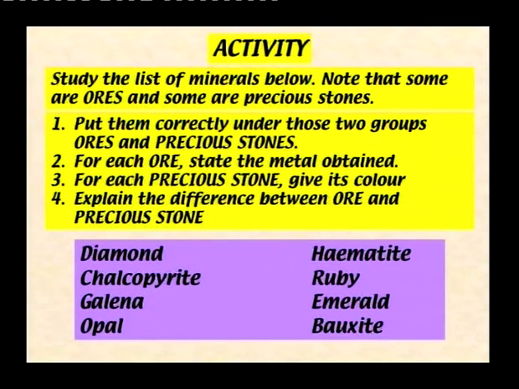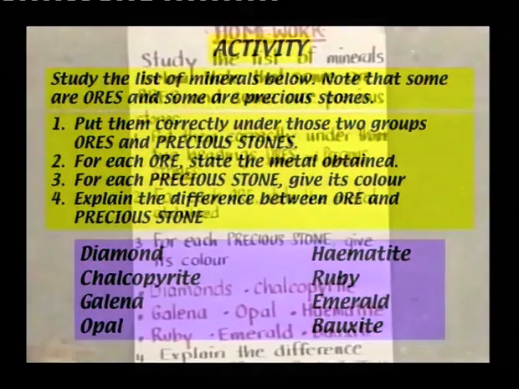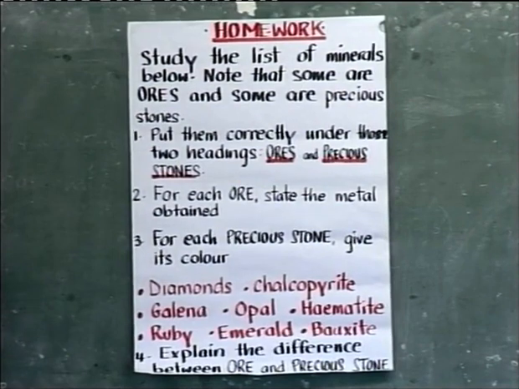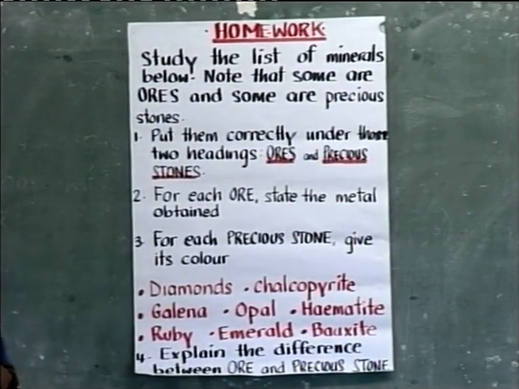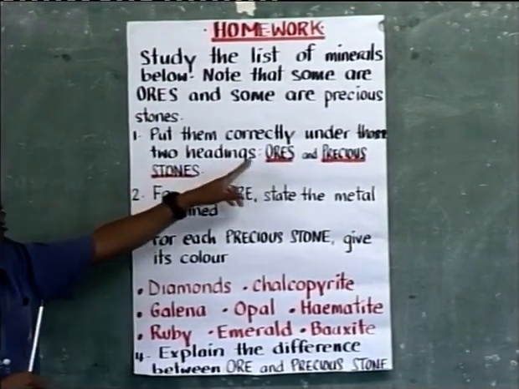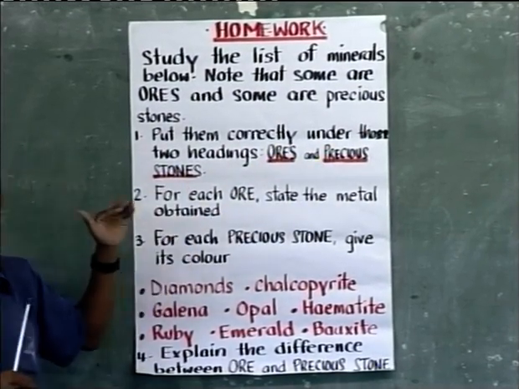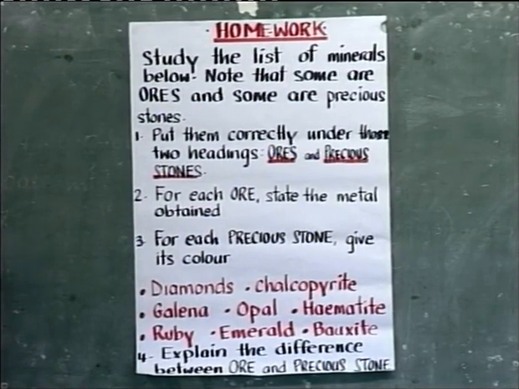So I'll repeat the homework or the activity I'd like you to work on. You have a list of minerals that are given. You can use a dictionary or an encyclopedia to help you. Divide them into 2 groups. The 2 groups should have a heading, ores, and the other, precious stone. Put those minerals under the correct heading.